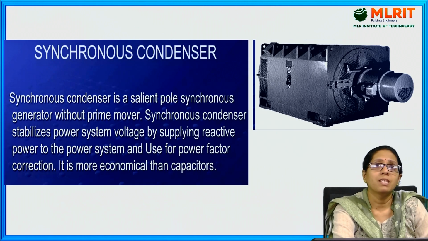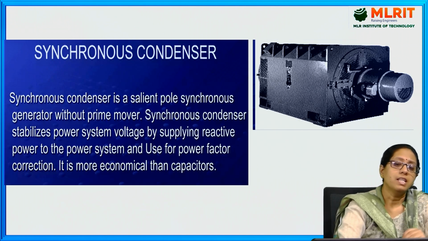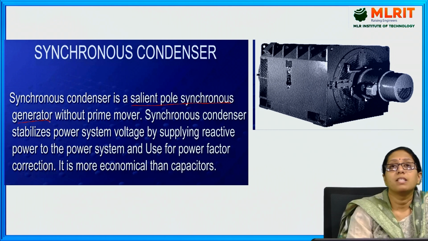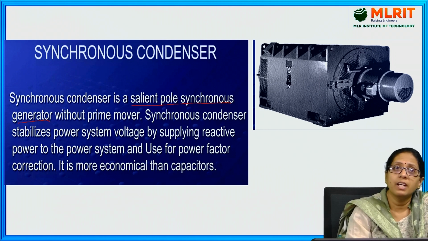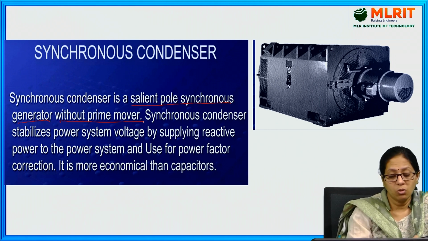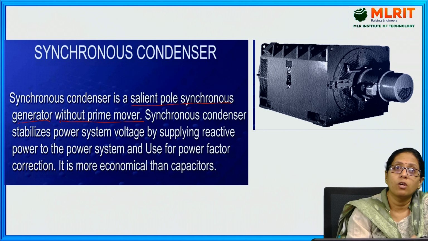The next type is synchronous condenser. Synchronous condenser is a salient pole synchronous generator without a prime mover. That means we don't require any kind of prime mover for this.